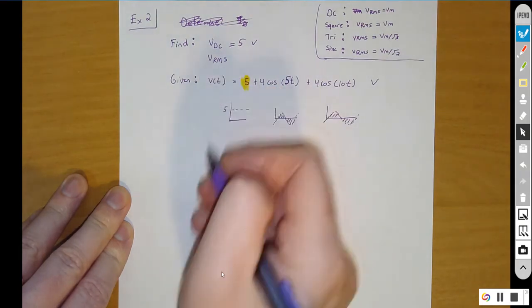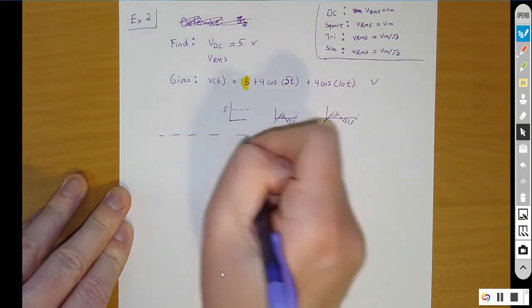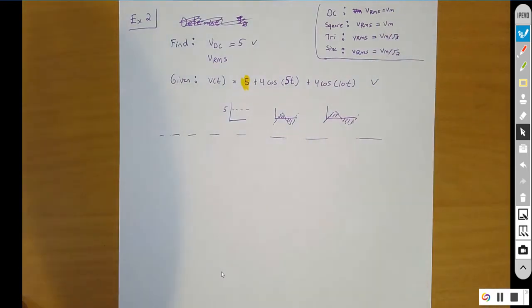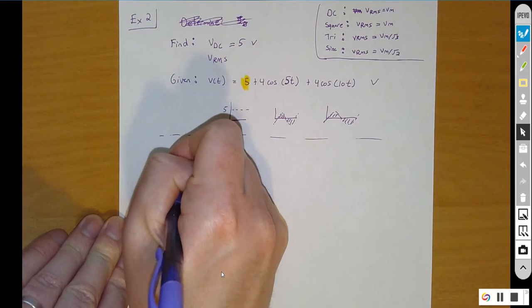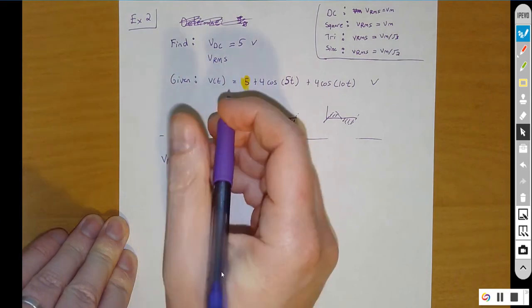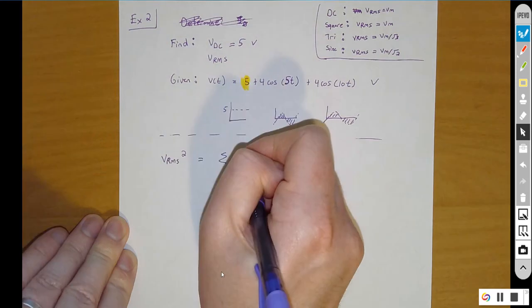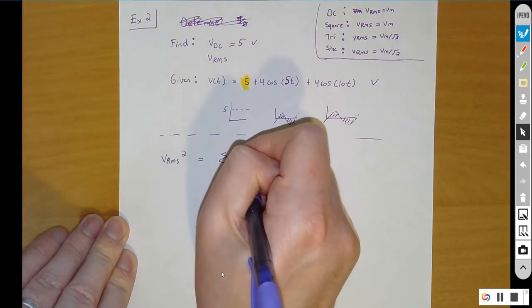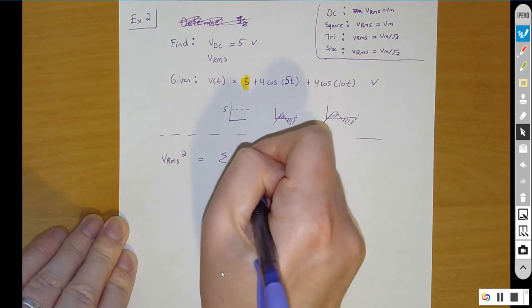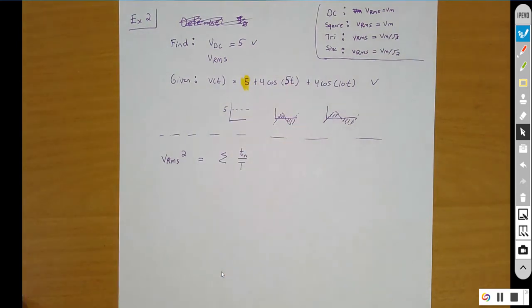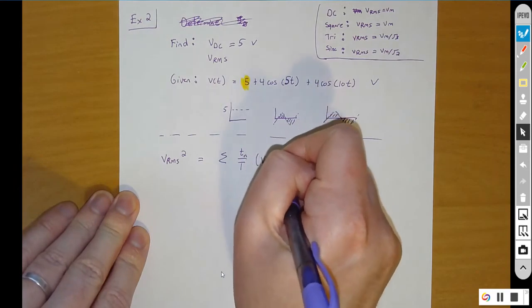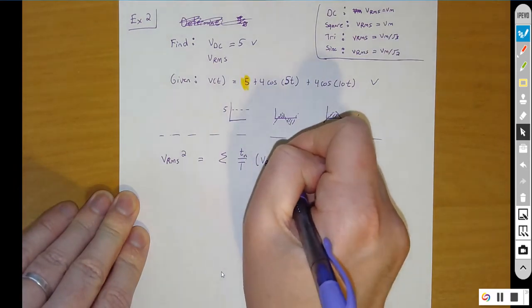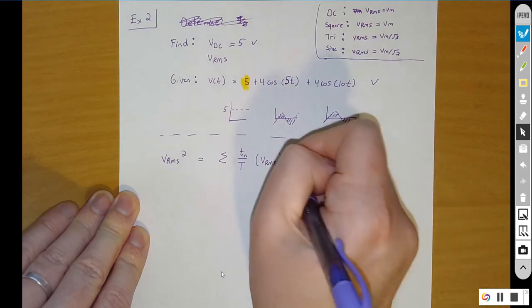RMS is a little bit trickier, and this is where we're going to get into superposition of power. Superposition of power states that V RMS squared is equal to the summation of the T_n over T, I'll go subscript n on this, times the VRMS of the nth signal squared.